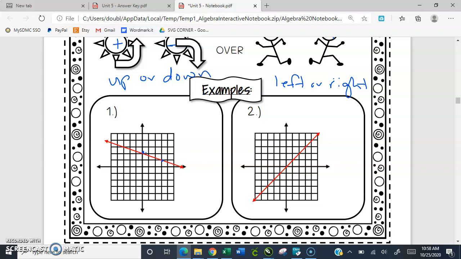If you know that your slope is positive or negative just by looking at it, you're good. The easiest way I can figure it out is like reading the book. I look at my line and go left to right. If it's going down, that means my slope's going to be negative. If it's going up, that means my slope's going to be positive.